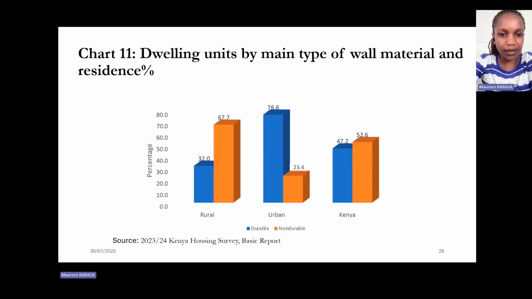And in urban areas, of course, the type of wall material is more durable. That is the durable type 77.6 against the non-durable of 23.4%. And in rural areas, of course, the non-durable is the most dominant one at 67.7%.